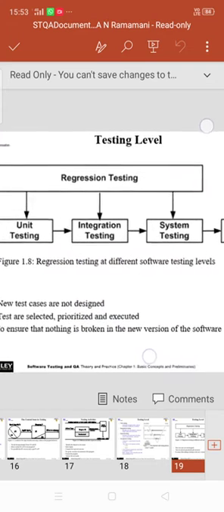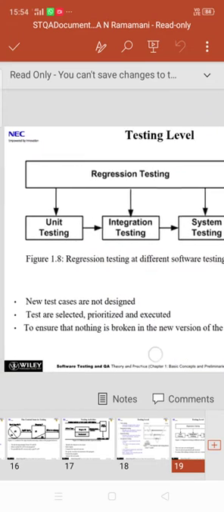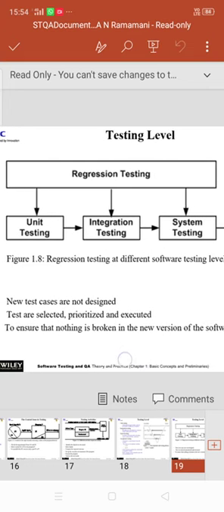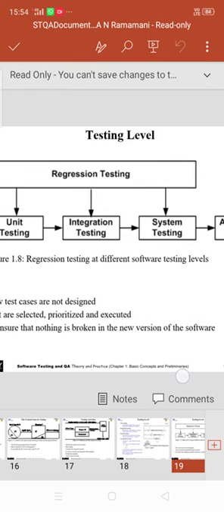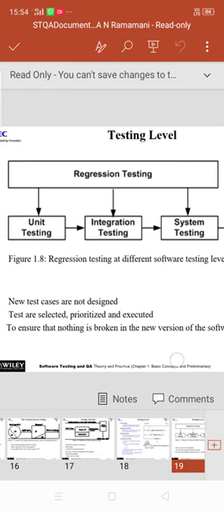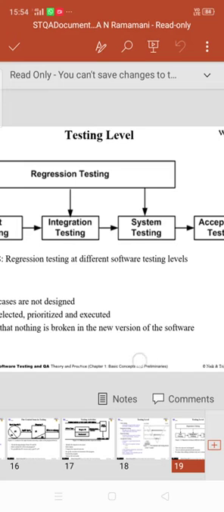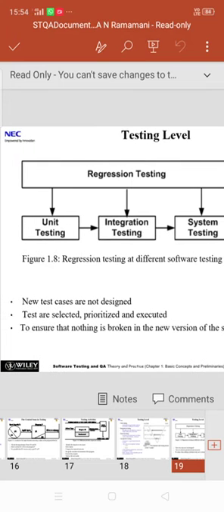Testing levels: again, the 4 levels of testing are unit, integration, system, and acceptance testing, and we also observe regression testing at different software testing levels. New test cases are not designed.